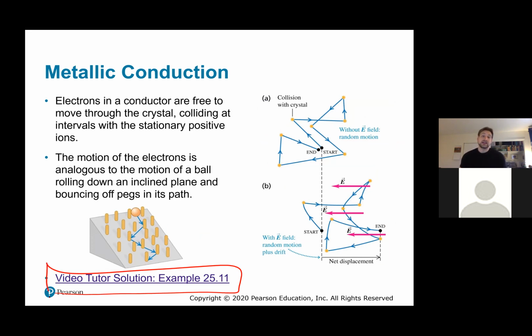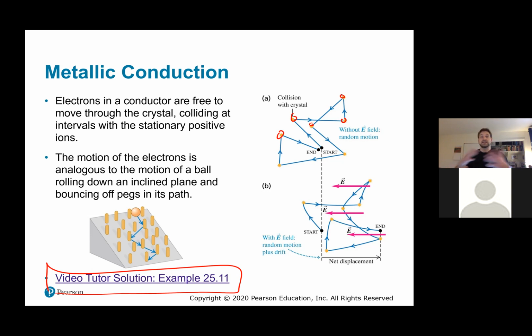This is a sort of conceptual model for why it's only a drift velocity we're talking about when we talk about current, and why it's not the case that the electric field accelerates the charges, which is what usually happens. The reason is that we keep making collisions, as we've already talked about a little bit, collisions with the atoms in the crystal structure of the metal.